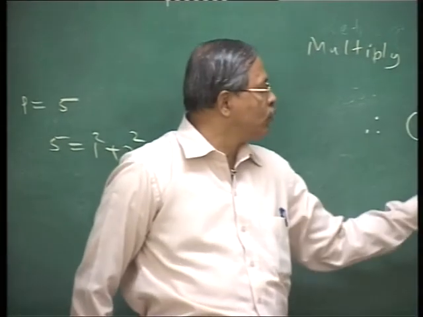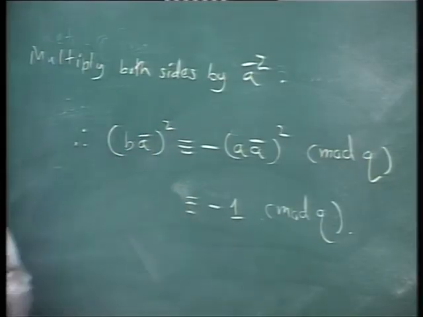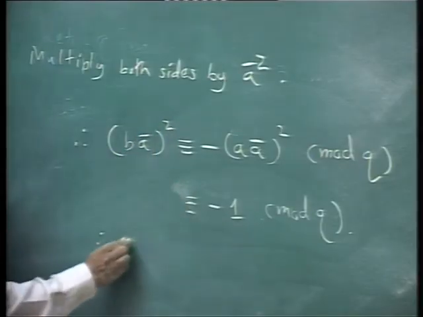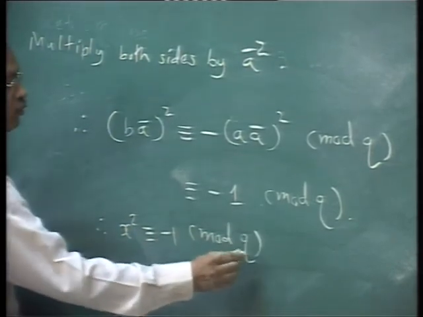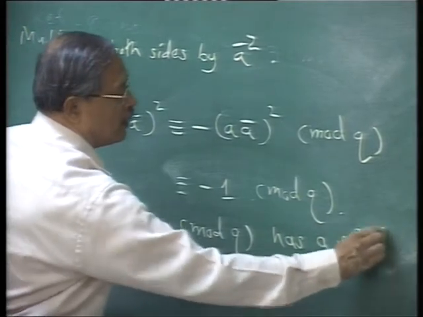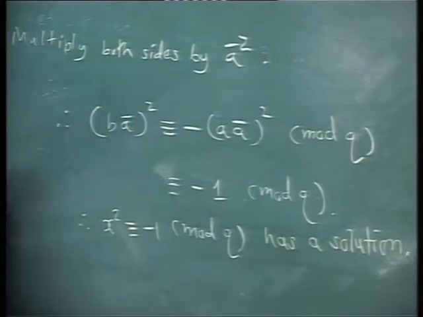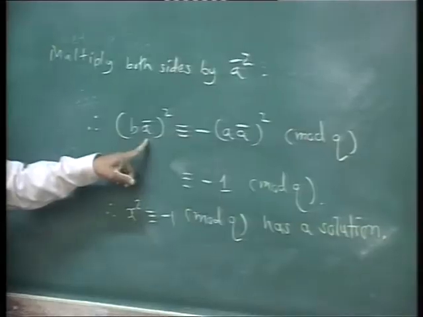And that gives the solution to x square congruent to minus 1 mod q. Therefore, x square congruent to minus 1 mod q has a solution. What is that solution? b a bar, that is a solution.